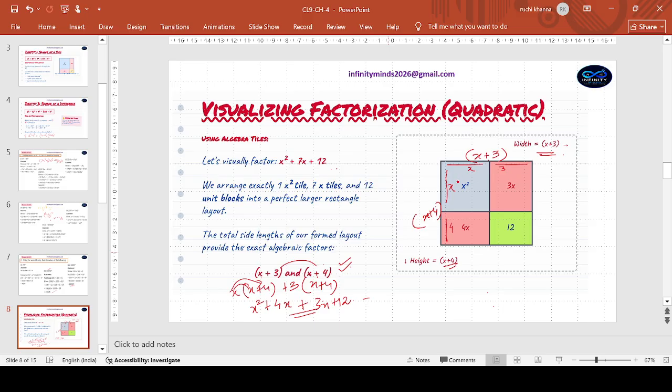This is 3, this is x, so the area of this tile becomes 3x. If this is 3, this will also come out to be 3. If this is 4, this will come out to be 4. That's why this is 12. This will be 4 into x, 4x. x squared, 3x, 4x, 12: 3x and 4x make 7x. So diagrammatically that has been explained.